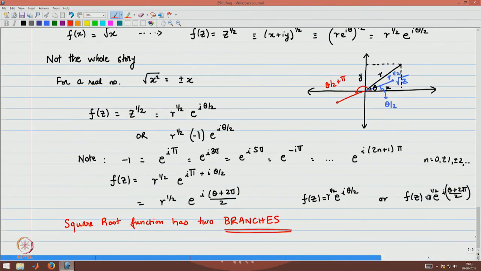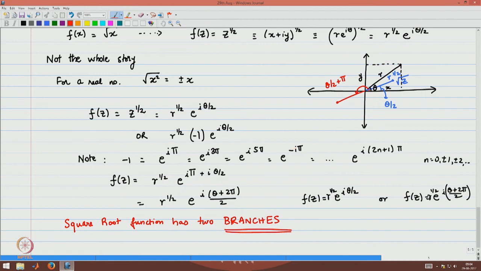Okay. Now, whenever you take an odd integer multiple and then take the square root, you will get the negative of that. Notice that e to the i pi is the same as e to the i 3 pi, e to the i 5 pi and so on.